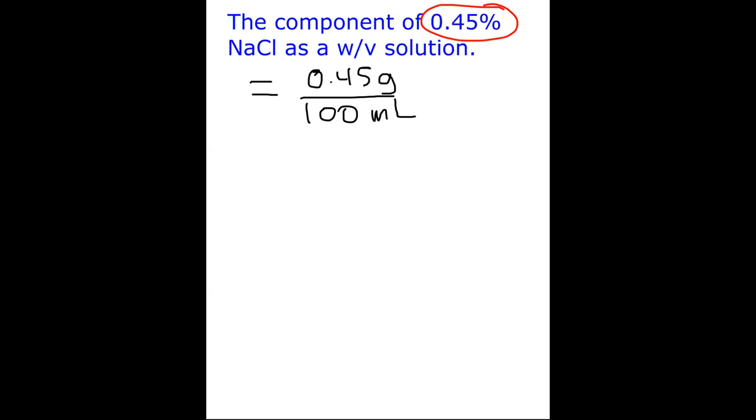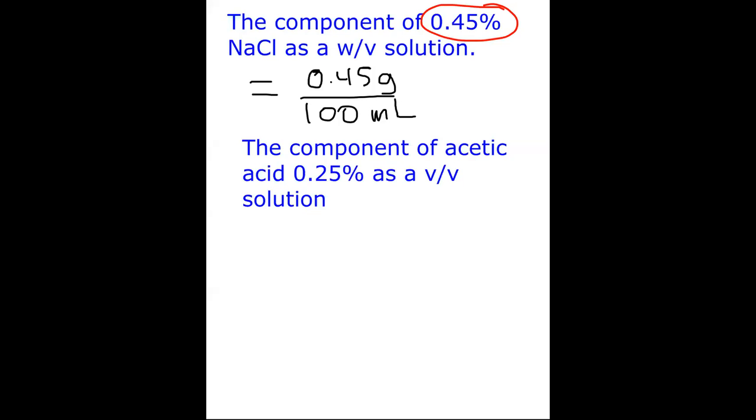So if we were to do the next problem, number 3, let me write that down for you. Okay, so number 3 says the component of an acetic acid of 0.25% as a volume solution.